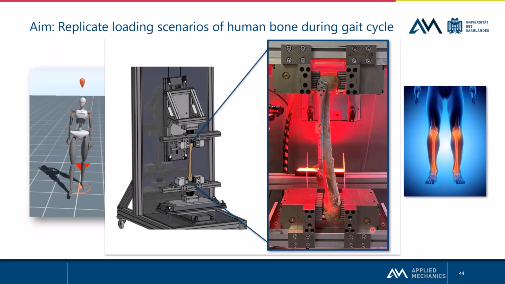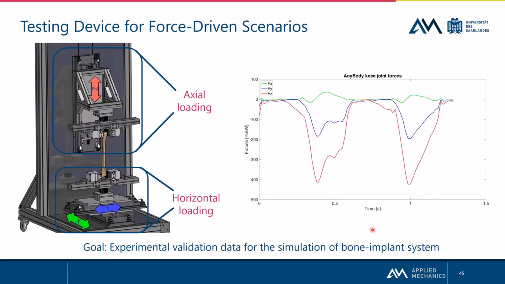With this, we test specimens from the lower extremity, for example, the tibia, or here you can see a clamped and treated femur bone. In the second testing device, as I mentioned before, we apply the knee joint forces to our specimen, and we split the knee joint forces in a Z direction, which is the axial loading, and the X and Y components in our horizontal loading.